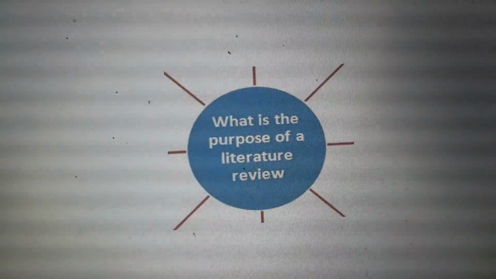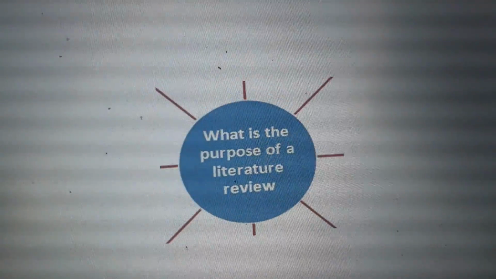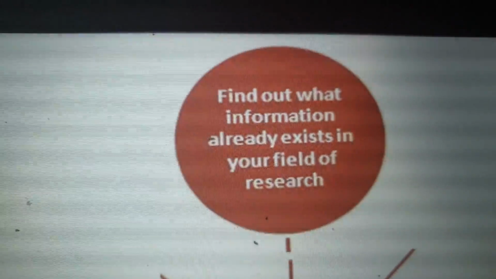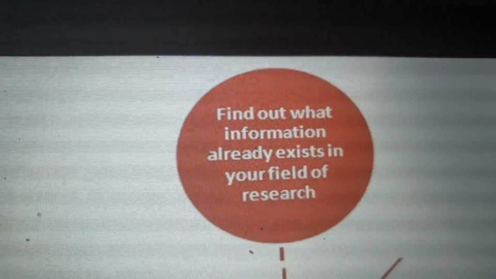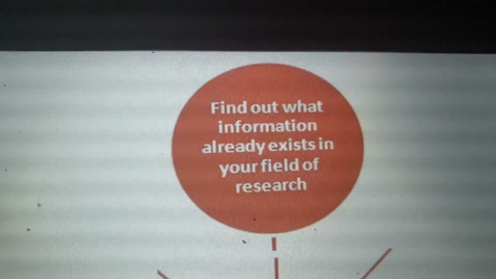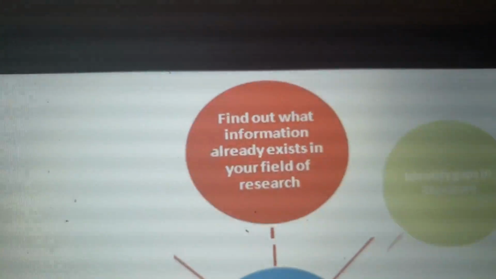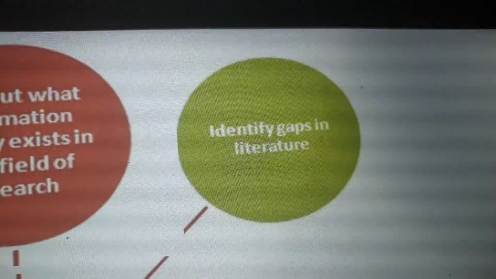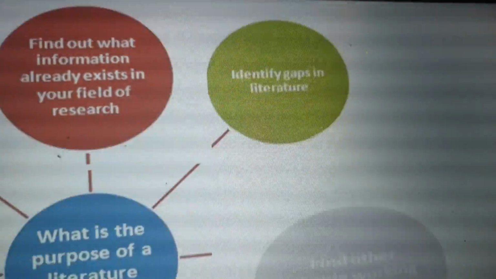Now, what is the purpose of literature review? One, you are doing literature review to find out what information already exists in your field of research. You are doing literature review to identify the gaps in the literature.